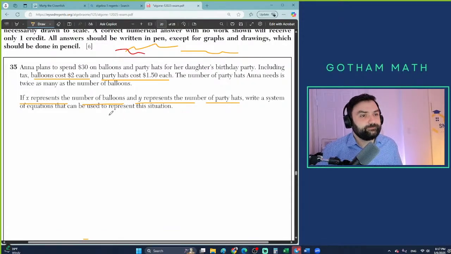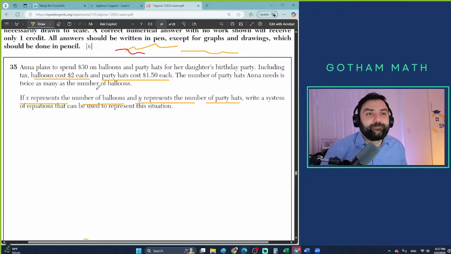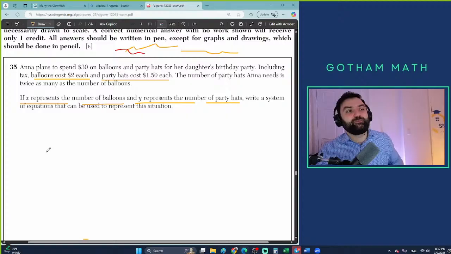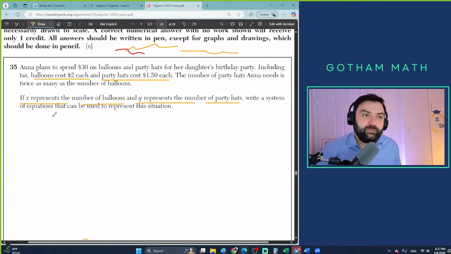All right. Let's see. First, just like in the system before we saw today, it's going to be about the number and about the price. About the number is going to be Y equals the number of party hats.